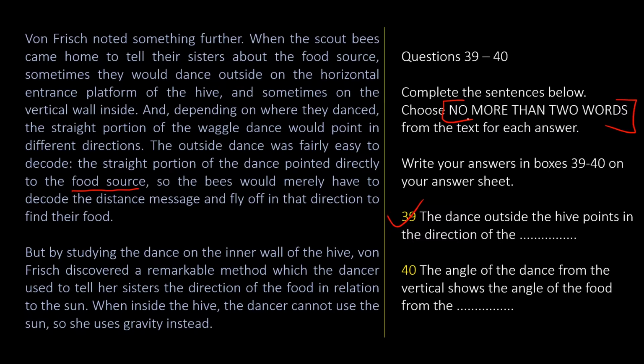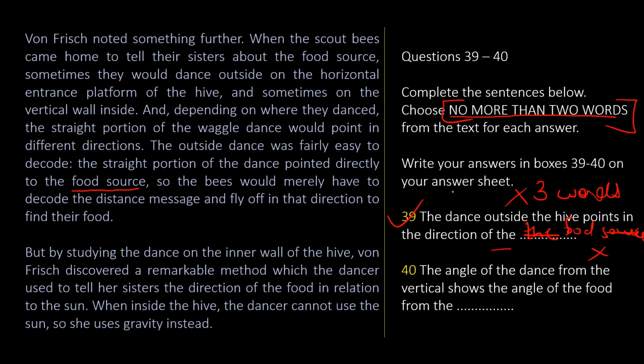The instructions say no more than 2 words, and if you write the full phrase they have mentioned, the food source, this one is incorrect because it's 3 words, not 2. So, totally incorrect. What if we just write food? It's correct because they have said no more than 2 words, not exactly 2 words. If you write 1 word or 2 words, it's totally fine.